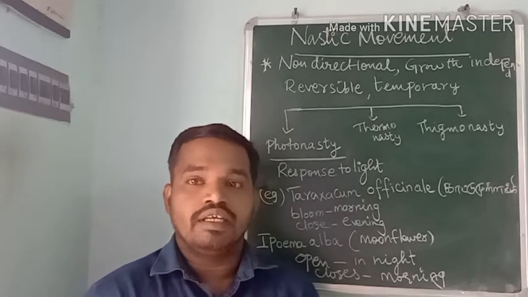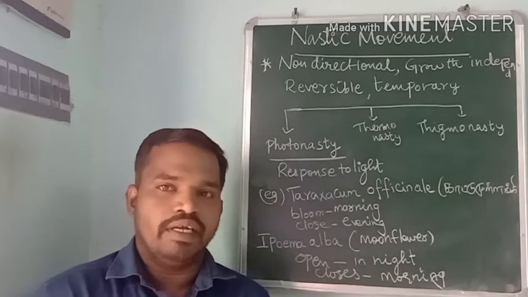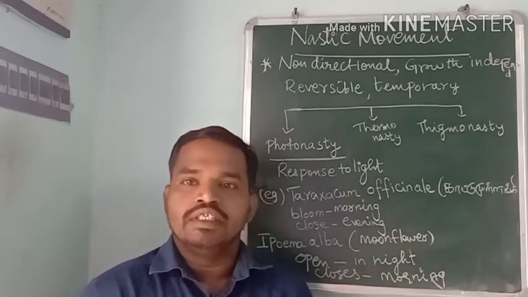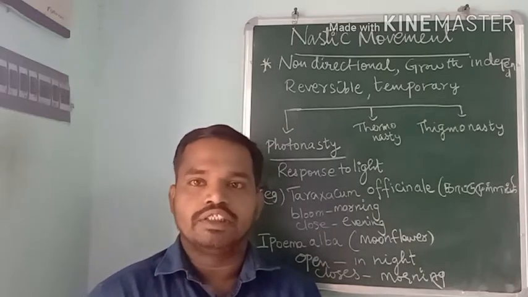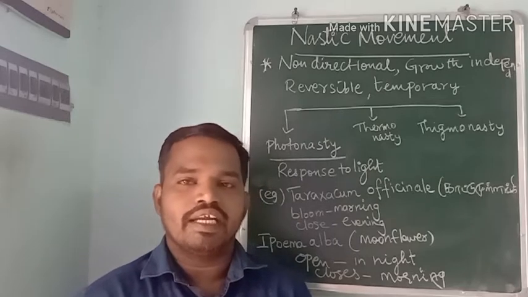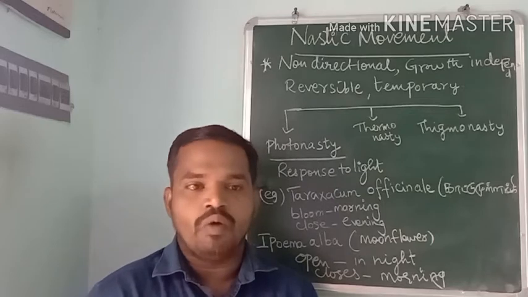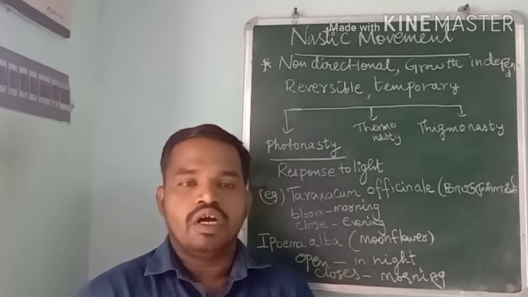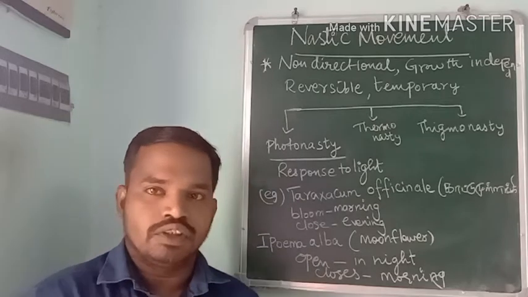Certain plants, which we call halophytes, show negative geotropism. How do they have negative geotropism? The root shows negative geotropism. The root turns 180 degrees and comes out of the soil.